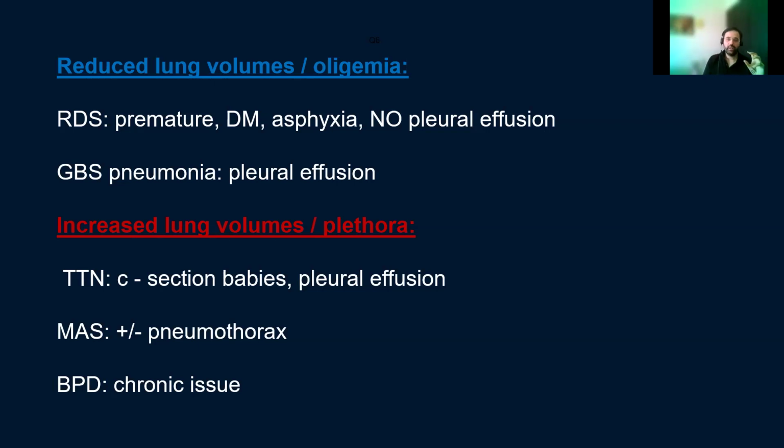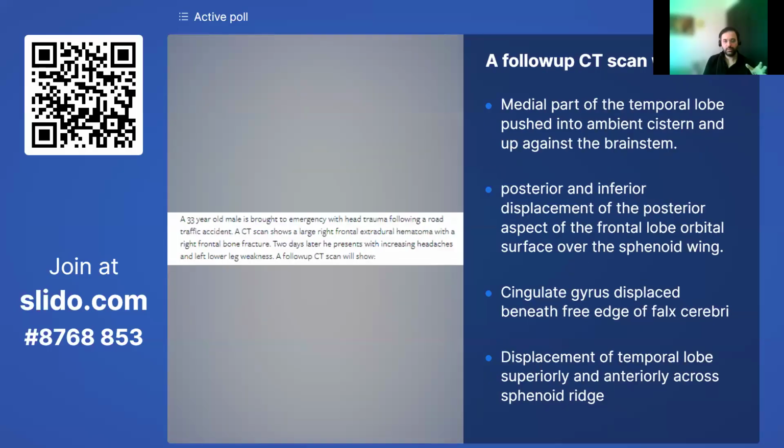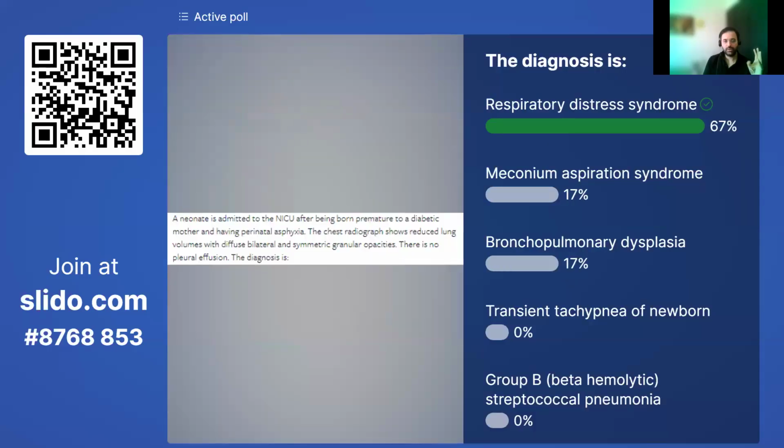What is described, for the purpose of the exam, is that respiratory distress syndrome does not have a pleural effusion, and we do not see it in regular practice, whereas a group B streptococcal pneumonia does have a pleural effusion. So the question stem mentions a premature baby born to a diabetic mother, perinatal asphyxia, reduced lung volumes, which means there is pulmonary oligemia, and bilaterally symmetric ground glass or granular opacities, and no pleural effusion, right?